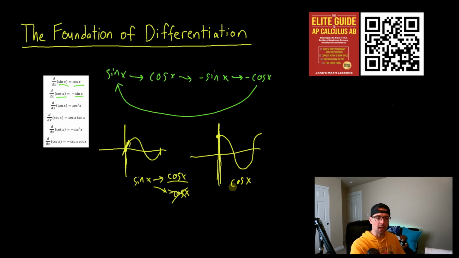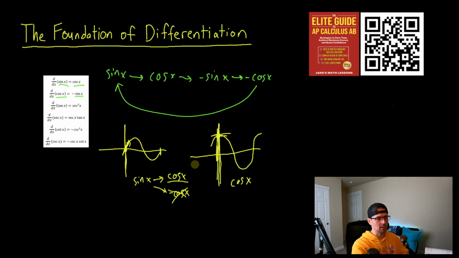Similarly, if we look at cosine of x, at x equals 0 the slope is 0, right? It's at the local maximum of cosine, right at that y-axis. So the slope is 0.